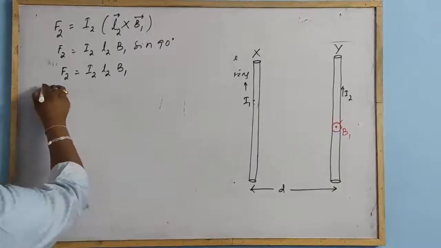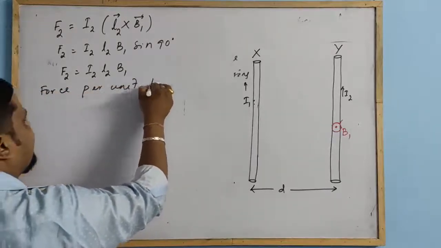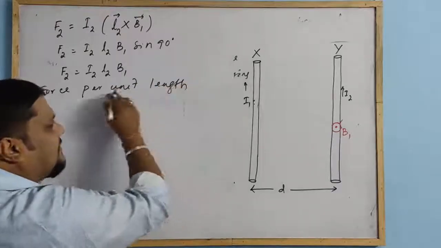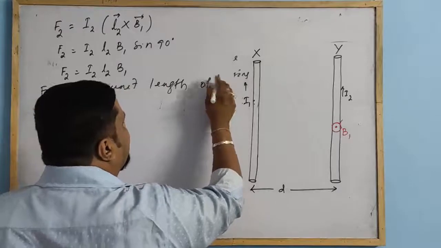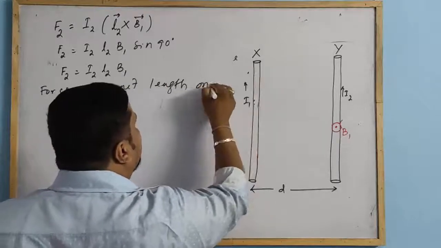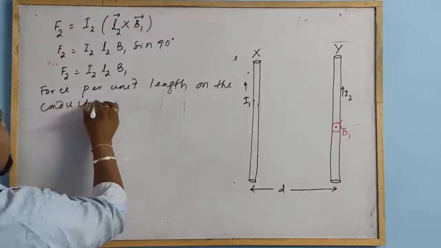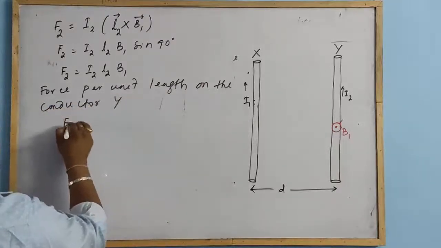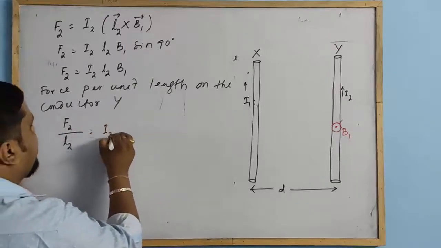That is the concept: force per unit length on the conductor Y, that is F2 by L2 is equal to I2 B1.